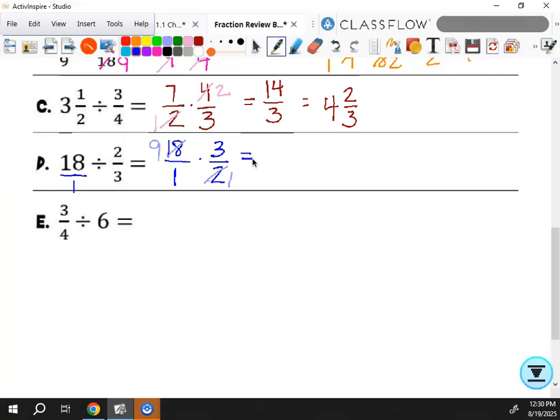So then if I just multiply straight across after I reduce, I get 27/1. Some of y'all would just write 27 there, which is fine. Some of you keep it as 27/1 because you already made a fraction out of it. That's fine. But in the end, it's just plain old 27. You don't necessarily have to write that, but some of you will get there. All right, we good? Any questions?